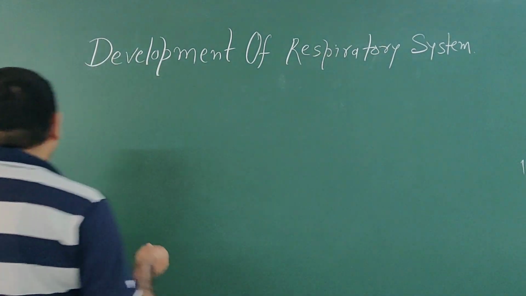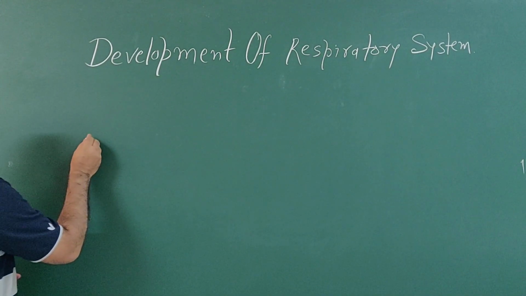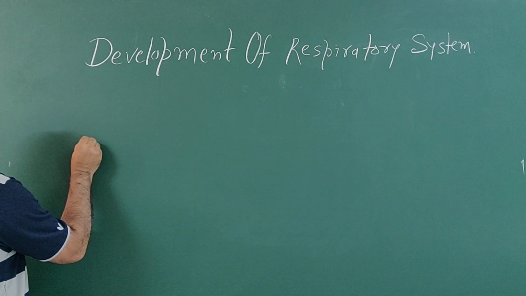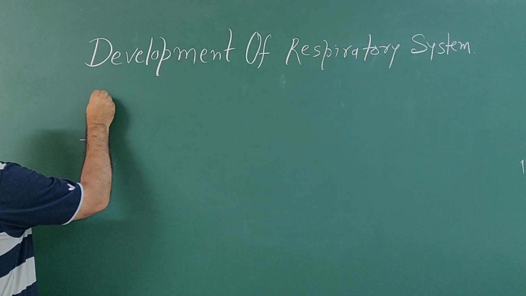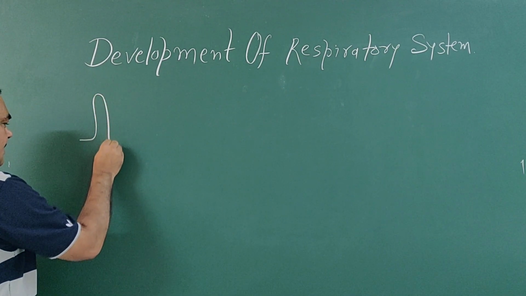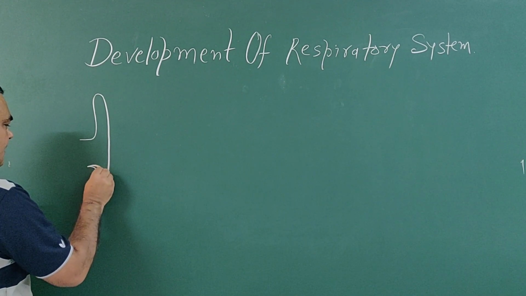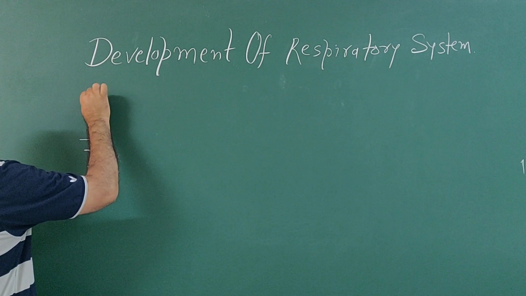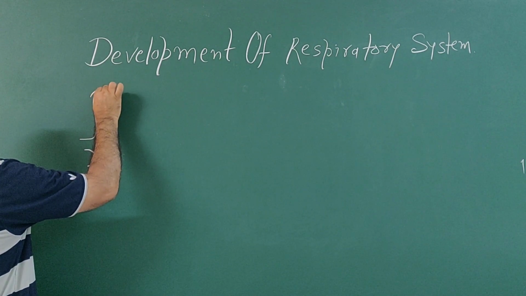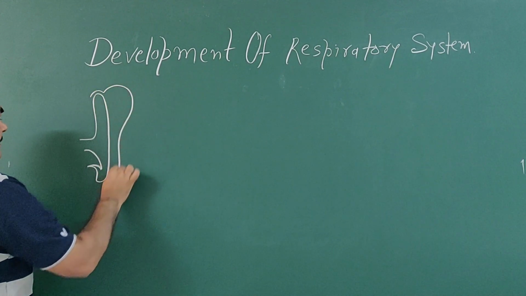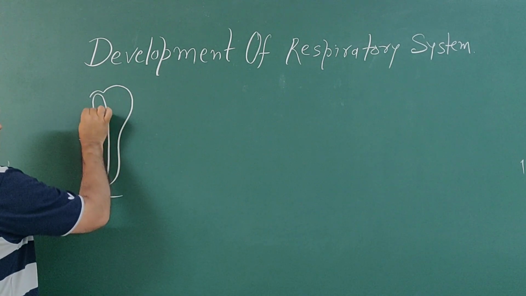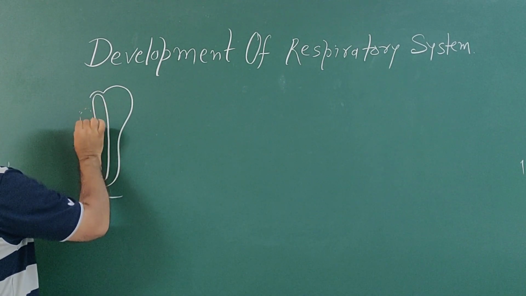So first of all, here you can see this is the developing embryo, this is the developing foregut, this is midgut, this is hindgut, and here is the site of the developing pericardium.